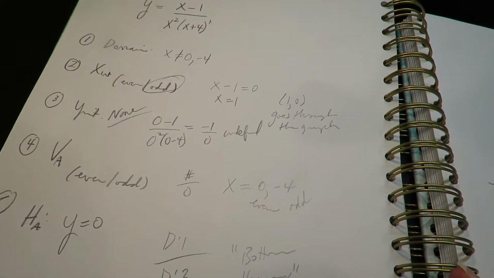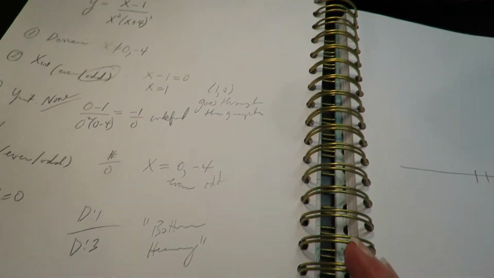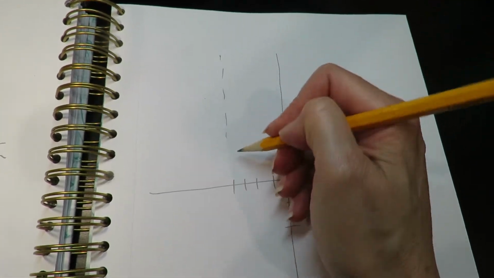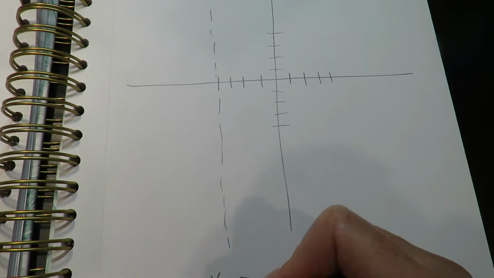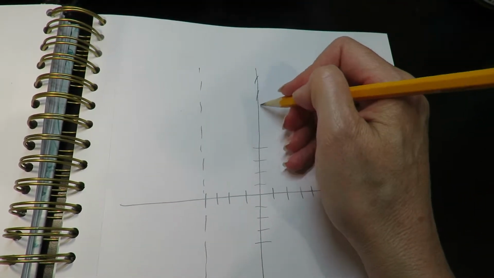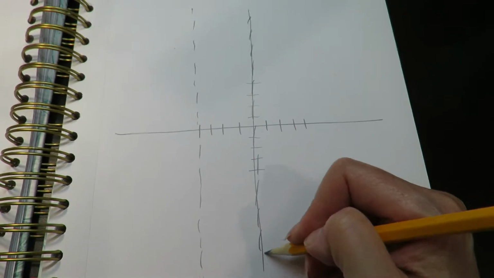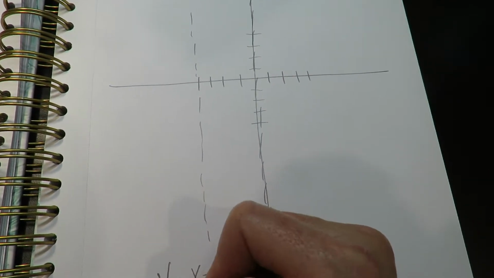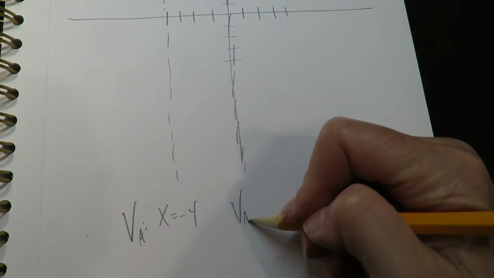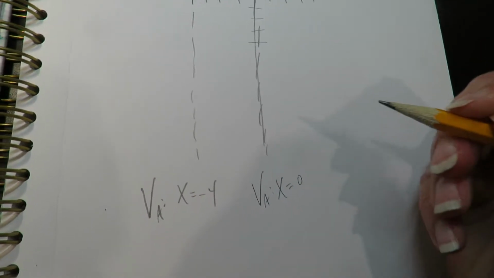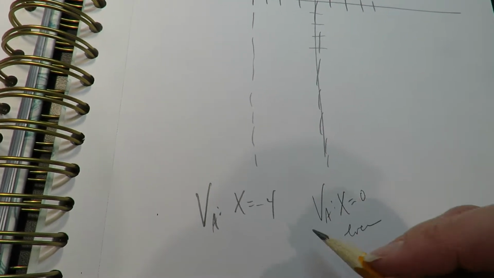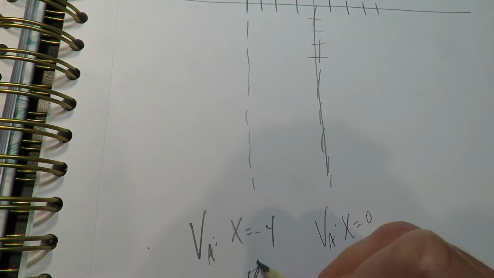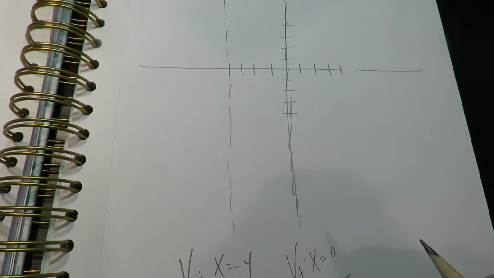So let me just put up this information that I just found. So my VAs are at -4 and 0. All right, now we said the 0 was even because the exponent was even, and the -4 was odd because the exponent was odd.